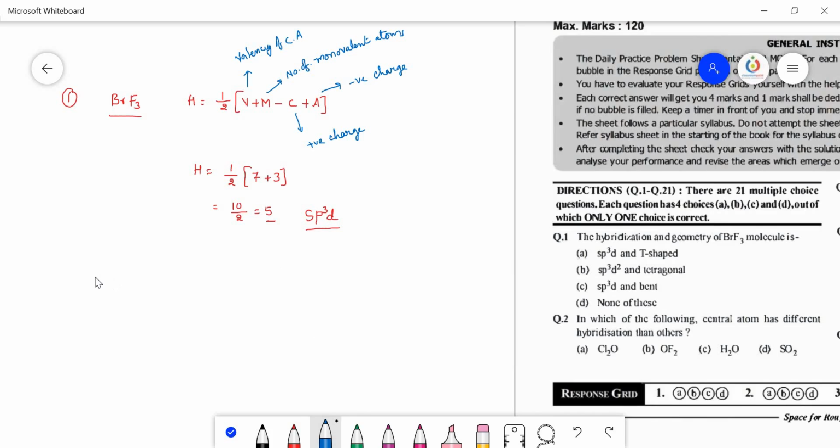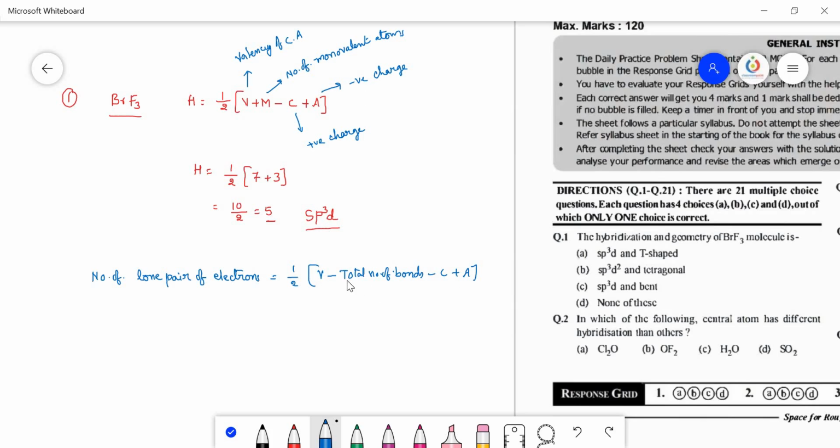So now let's calculate the number of lone pairs of electrons. The calculation is almost the same as hybridization, but a small difference is there: half into valency minus total number of bonds, minus C plus A. C and A mean the same as before, and V is also the valency of the central atom.